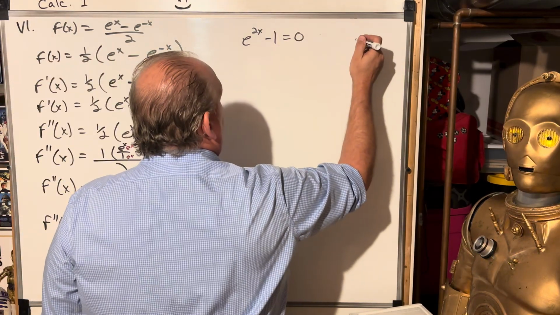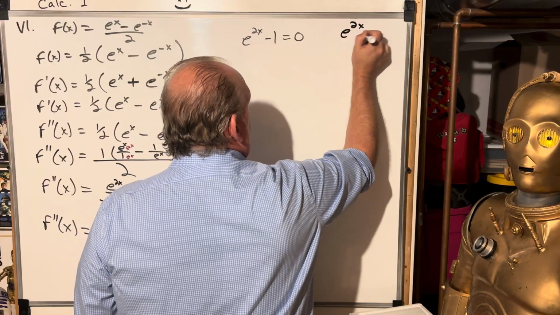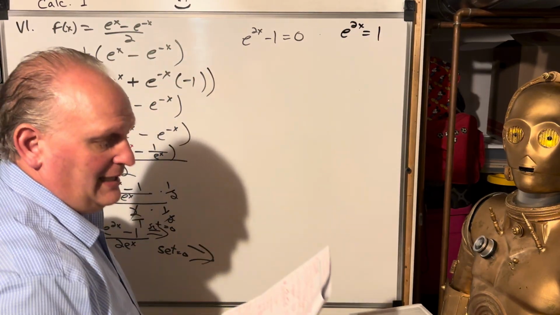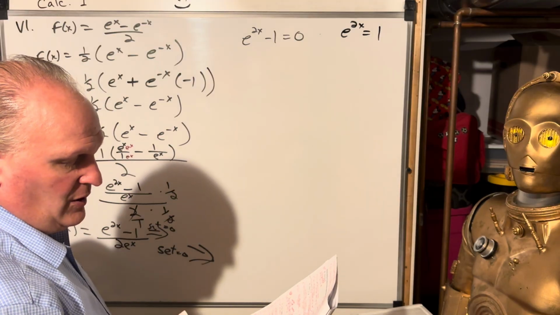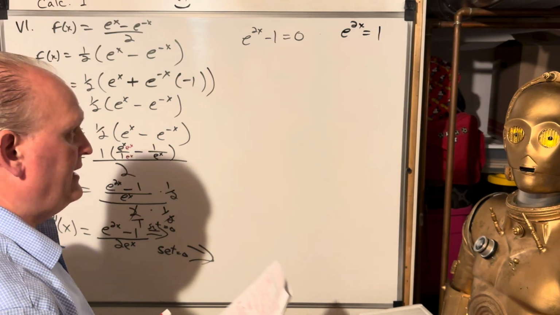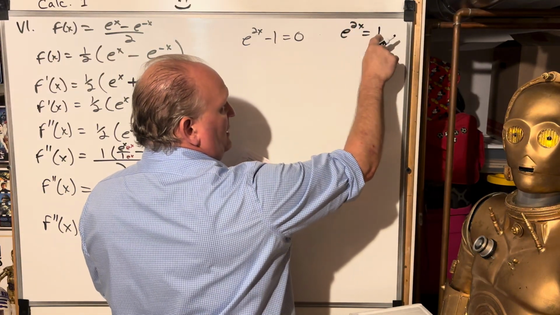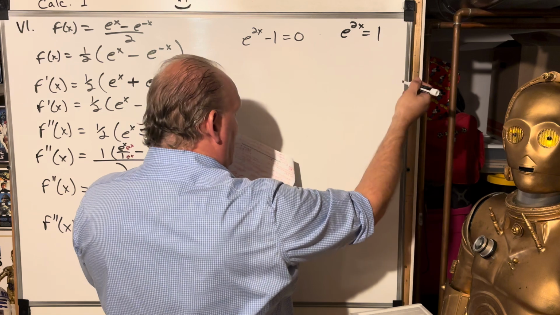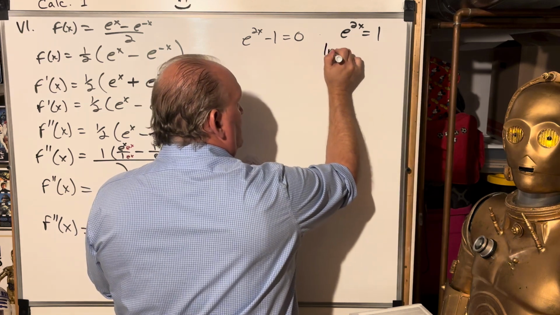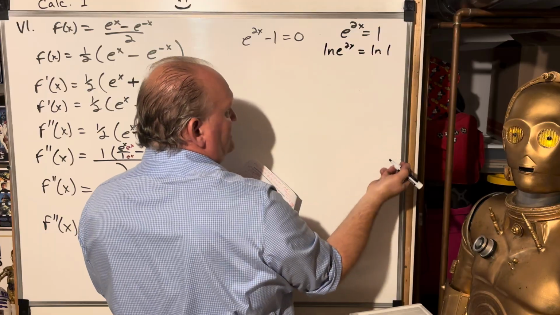So I move the 1 over, and I got e to the 2x is equal to 1. Well, anything to the 0 power is equal to 1, right? Or you could do ln. So you could just logic this and say x equals 0, because e to the 0 power is 1. But if you want, you could do the natural log of both sides, something like that.